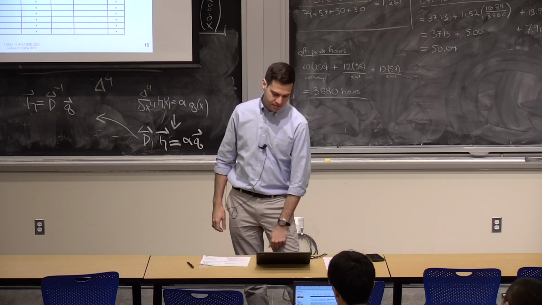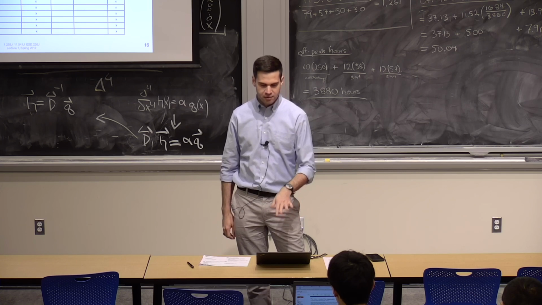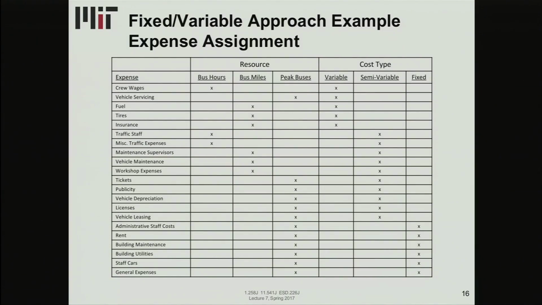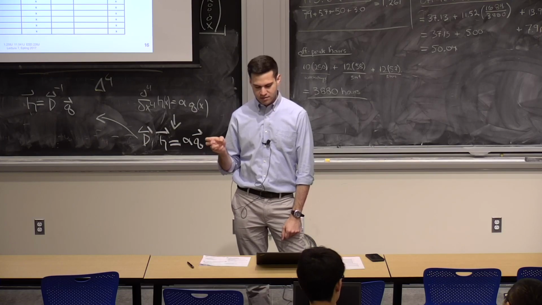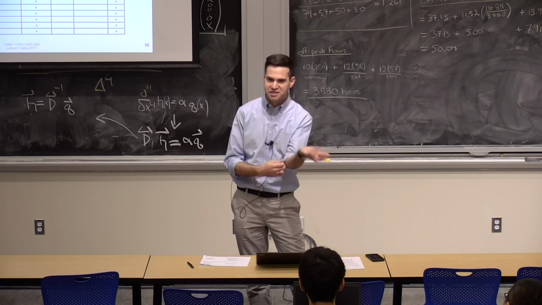Another detail which I want to emphasize is with regards to variable and fixed. So again, if you have to incur an expense that is more marginal, then you might want to use a variable cost model, because you may not need another garage, for example, for a few extra buses.